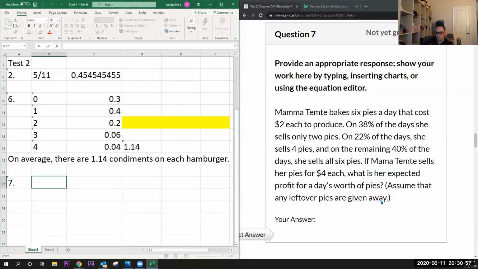On 38% of the days, she sells only 2 pies. On 22% of the days, she sells 4 pies. On the remaining 40% of the days, she sells all 6. If she sells her pies for $4 each, what is her expected profit for a day's worth of pies? Do you know the theme of this question?